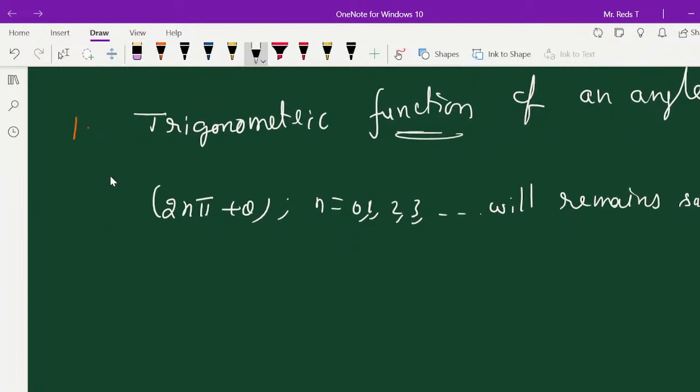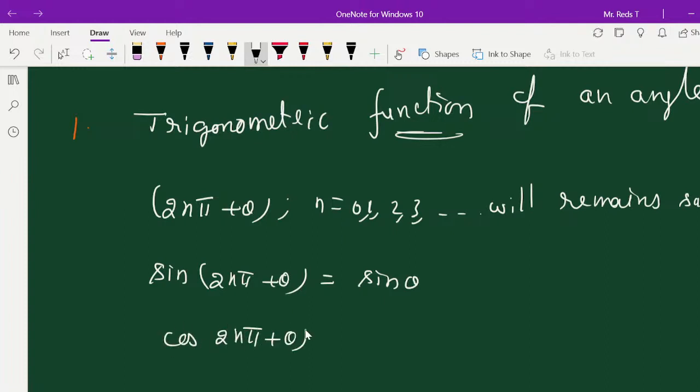Let's see here. If the function is the sine function, if we take sine of 2n pi plus theta, that remains the same, meaning we get sine only. So sine of 2n pi plus theta gives you sine theta. Similarly, cos of 2n pi plus theta gives you cos theta only.